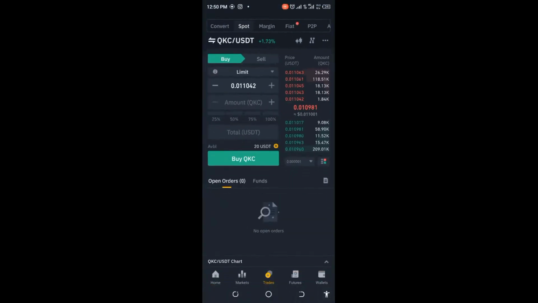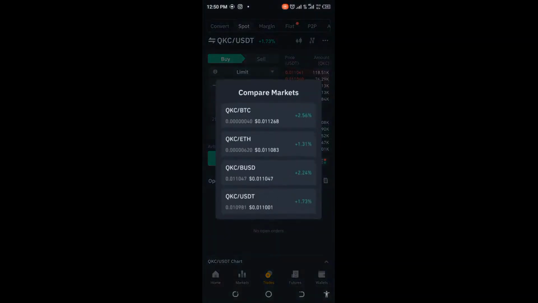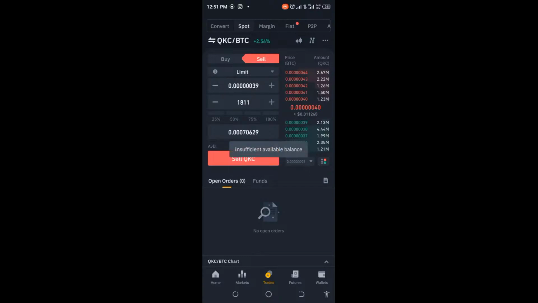I'm going to pick my first red here, put the 100%, and pick out the 1811. I'll also go to the BTC side and pick out the first green, because don't forget I want to sell. So I'm going to pick out the first green, which is 39, and put all my QKC there. What do I get?